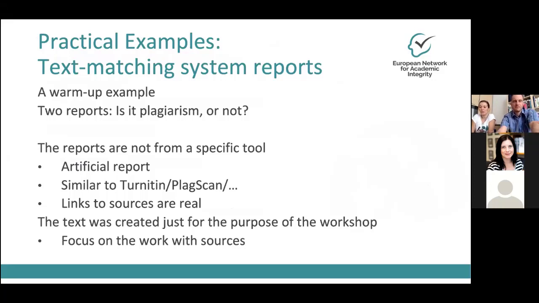The first one would be just to warm up and get to know our system. Then there will be the main part, 2 reports, where we will decide which of them shows plagiarism, and which of them just contains some random text matching.